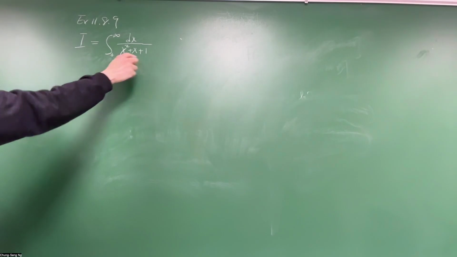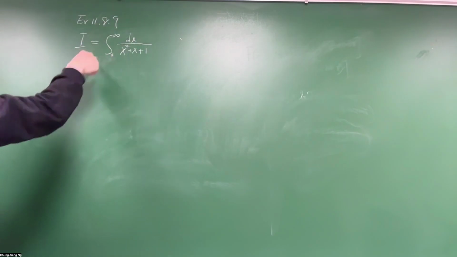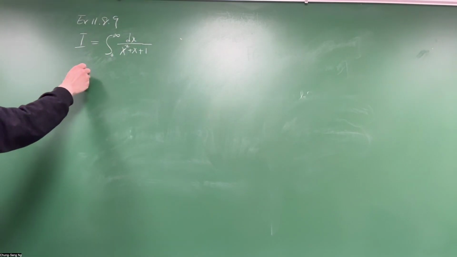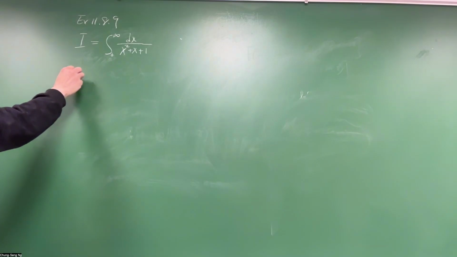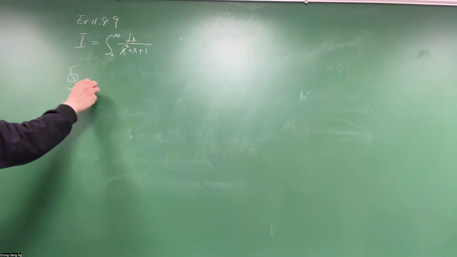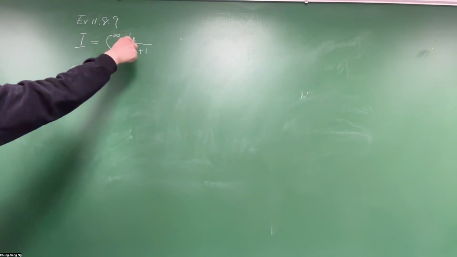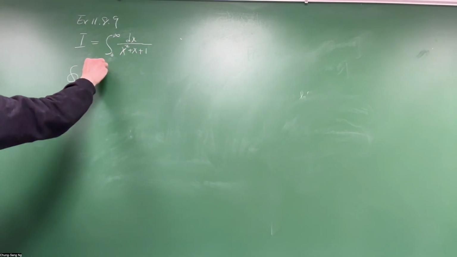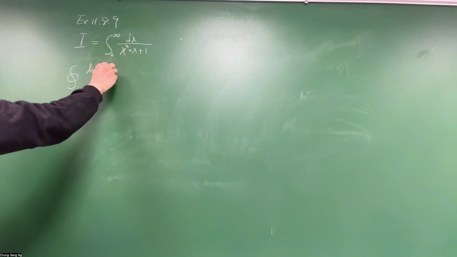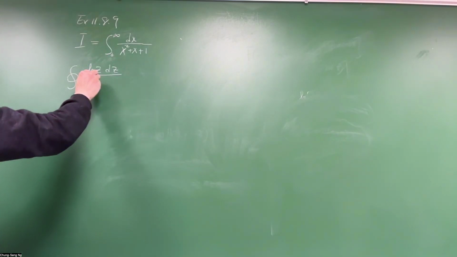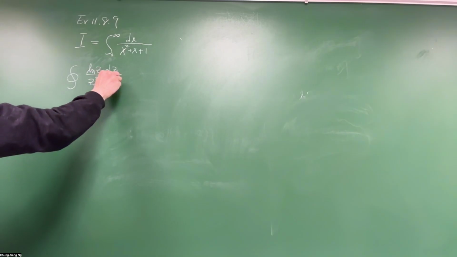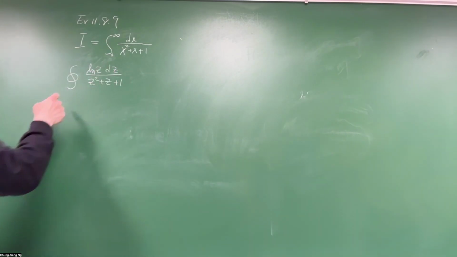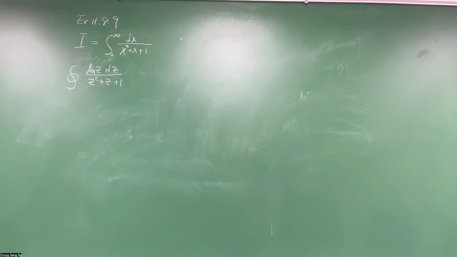But anyway, we'll figure out the zeros or the poles of the integrand later. What we want to consider is the loop integral of a slightly different function. We basically multiply the integrand by a log c function: log c dc over c squared plus c plus 1. We'll consider this one as a loop integral.